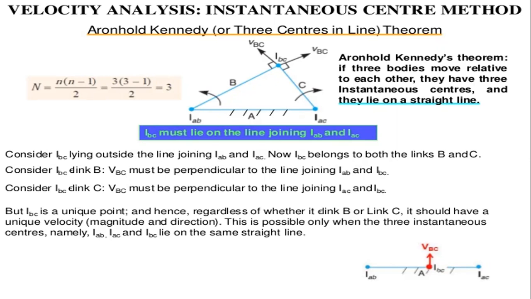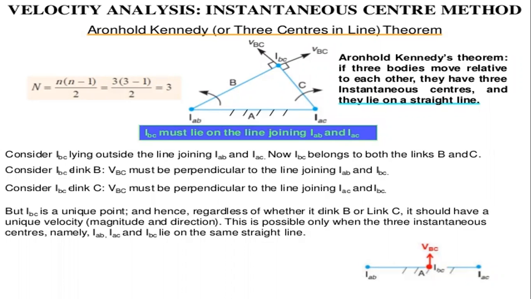Next, considering BC as part of link C, the velocity must be perpendicular to the line joining IAC and IBC.